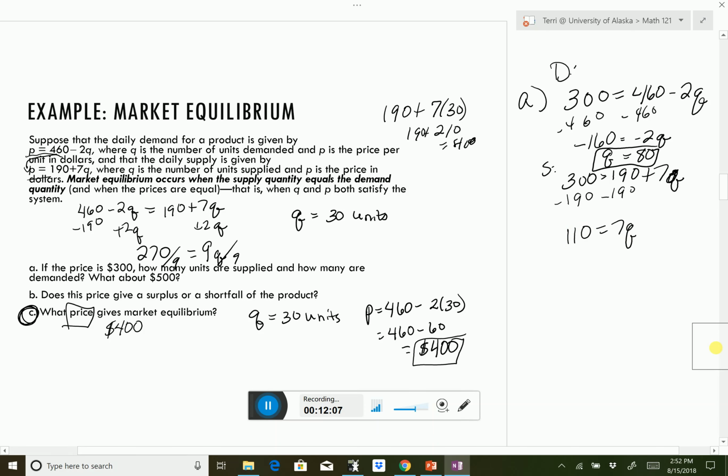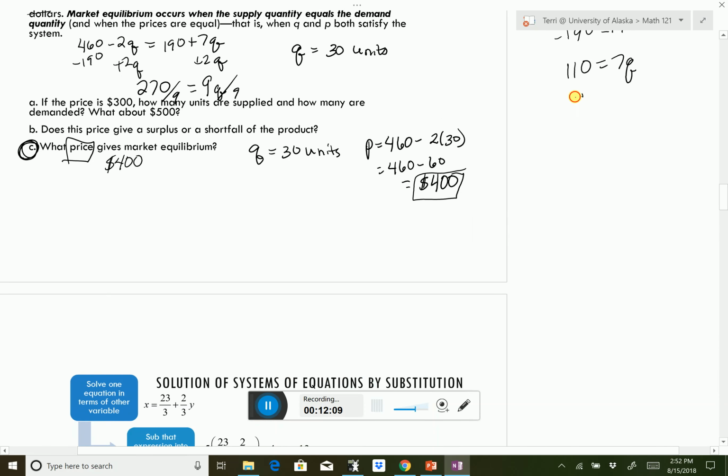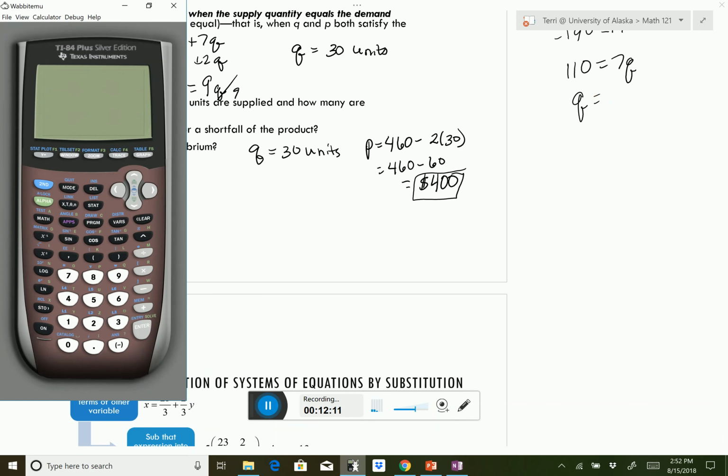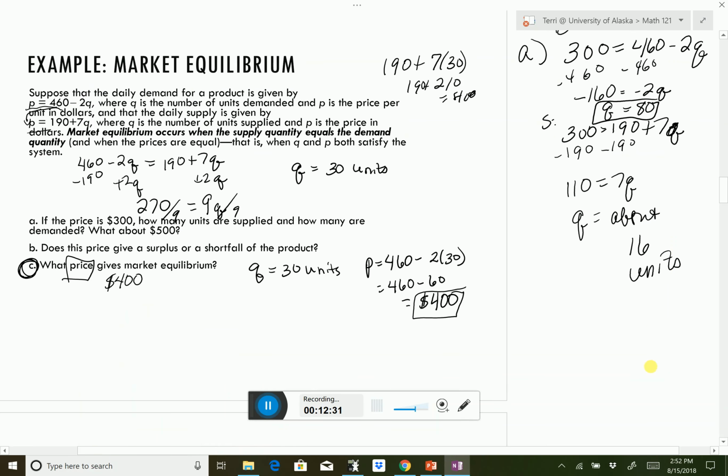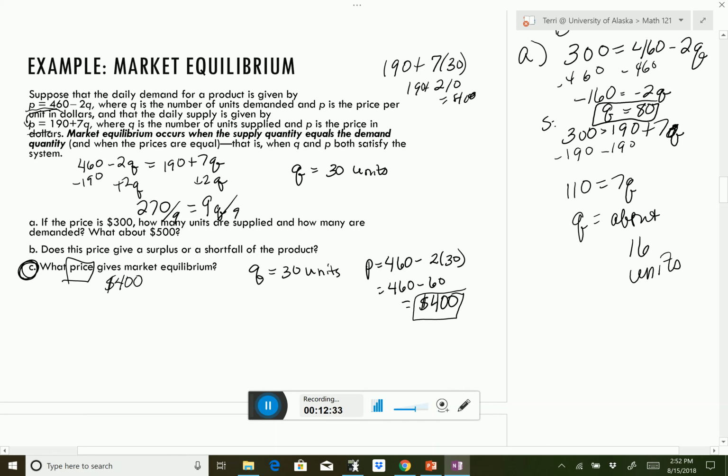Q equals, let's see. Close to 6, about 16. So you can see the problem here. At a price of 300, the suppliers say, I'm not making very much money at 300, so I'm only going to supply 16 units.